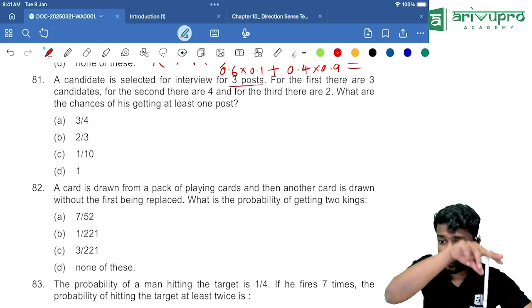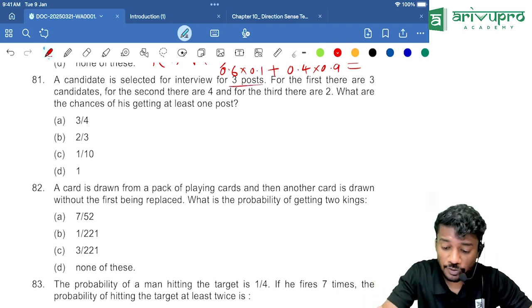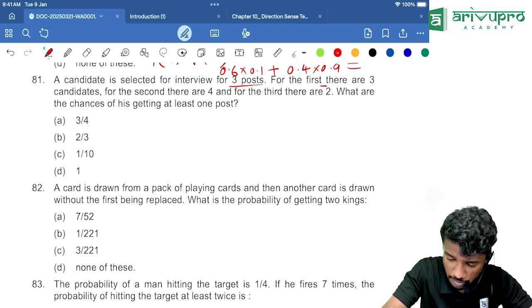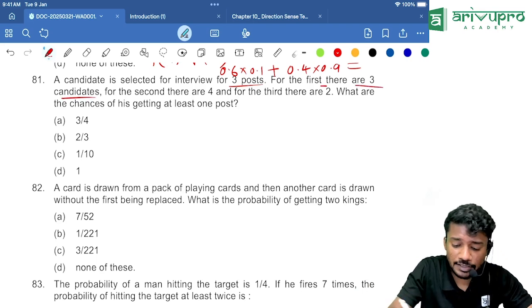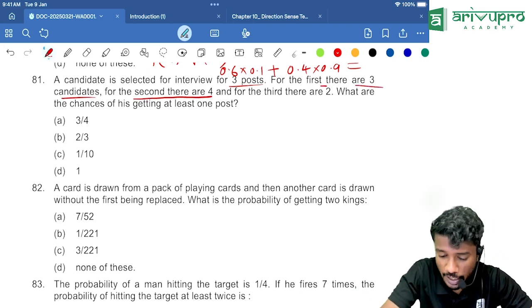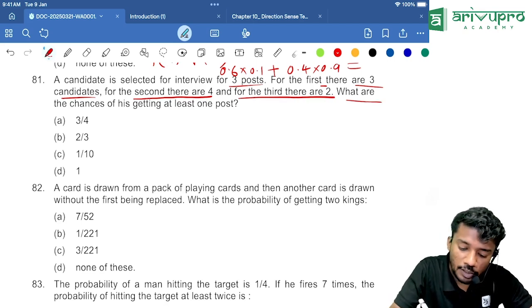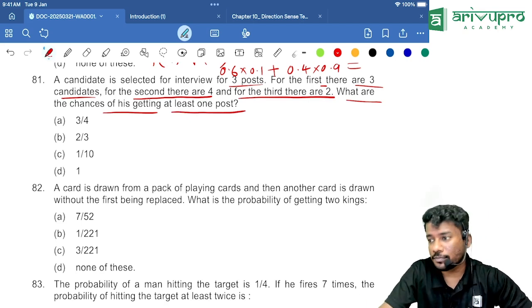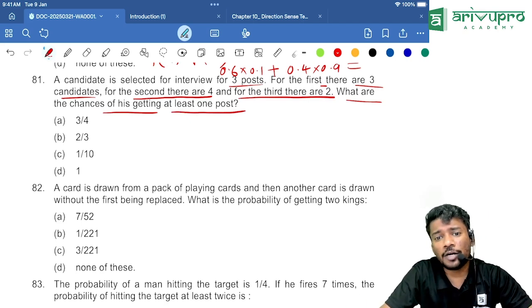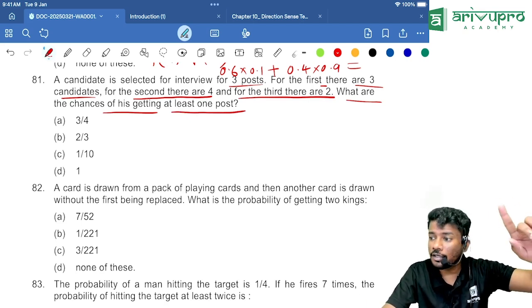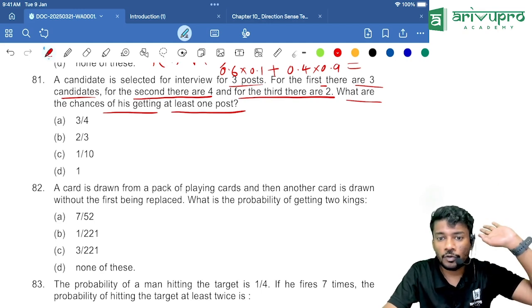For the first, there are 3 candidates. For the second, there are 4 candidates, and for the third, there are 2 candidates. What are the chances of his getting at least 1 post? At least 1 means 1 or more, right?